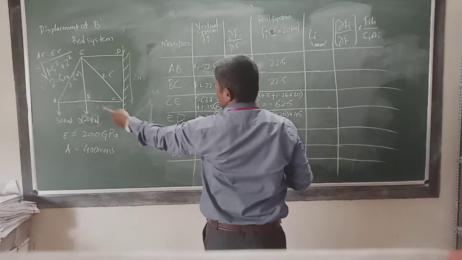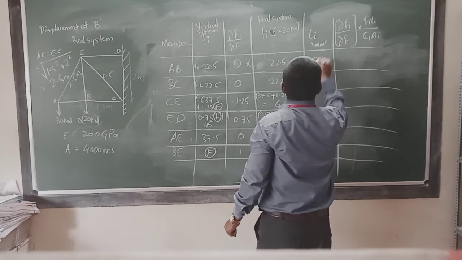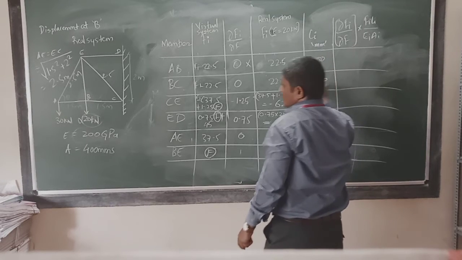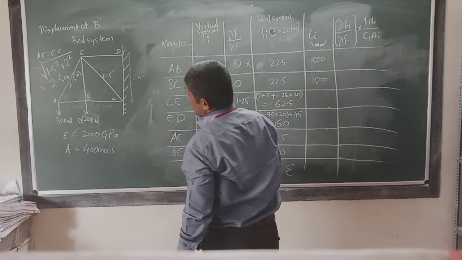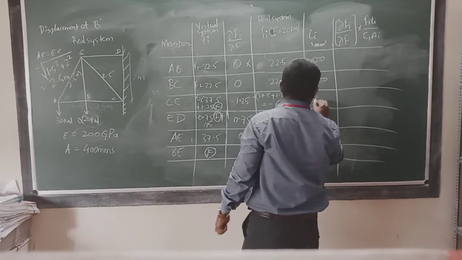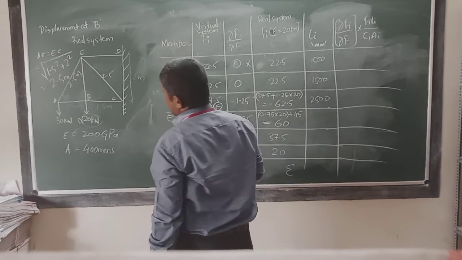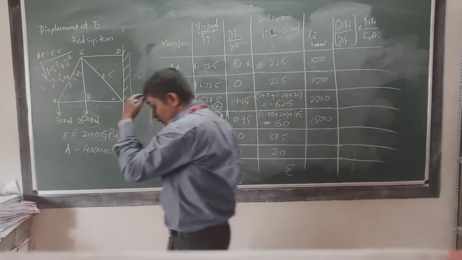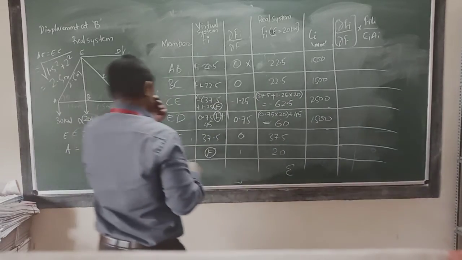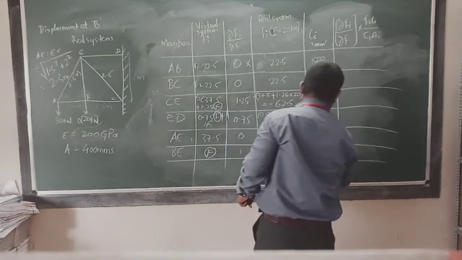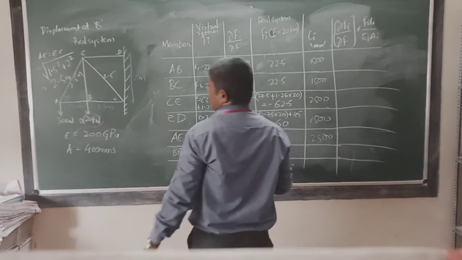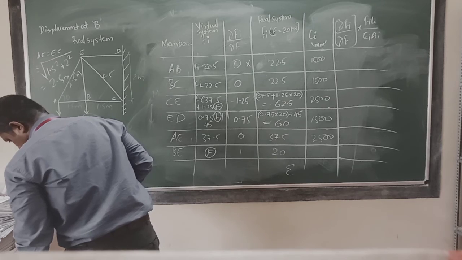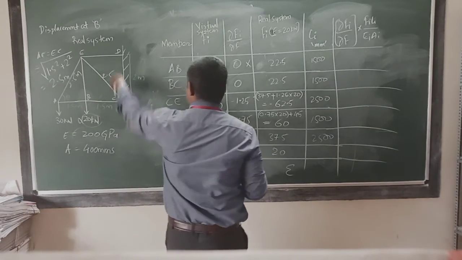So AB is 1500. Then BC is 1500. Then CE is 2500. ED is 1500. Okay. And then AE is 2500. And then BE is 2000.